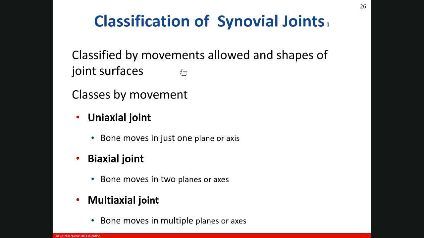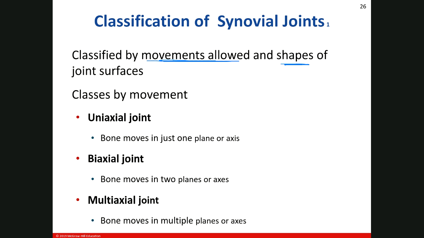I made this point last class and mentioned it at the beginning of this class: when we classify these synovial joints, they're classified by the movements they're allowed to make due to the shapes of the joint surfaces. That might not make sense yet, but when we get into more detail, I'll explain why. How much or how little movement occurs at these joints is based on the anatomy, the structural configuration of these joints.